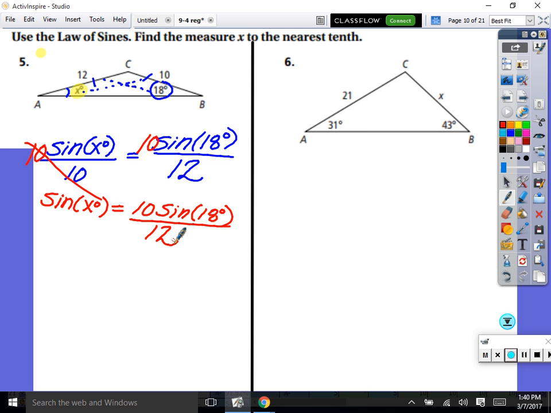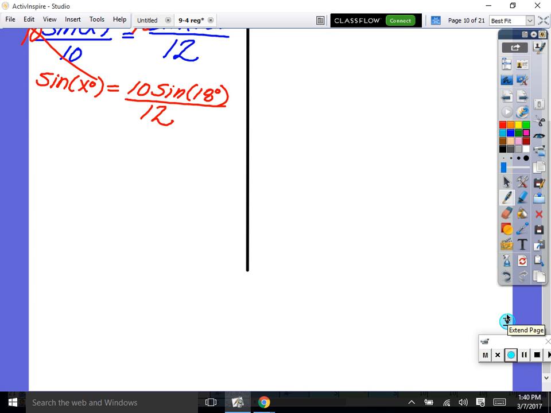Now you're saying to yourself, I'm trying to solve for x, but it's trapped inside sine. How do we get x alone? Yeah, we can't divide by sine, but we can do what to undo sine? Sine inverse. So we're going to sine inverse both sides of the equation. So now on this side, sine inverse undoes sine, so x drops out.